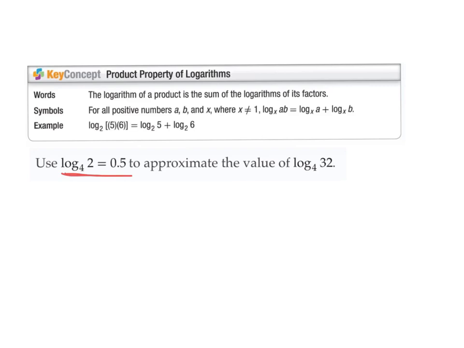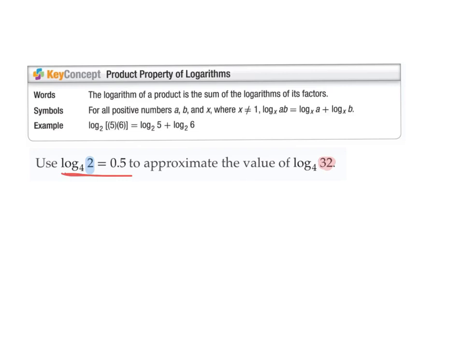Now, our goal is to take 32 and break it up so that you're using 2. Okay? And because this is the product property, we need to figure out a way to multiply 2 by something or several things in order to make it 32.